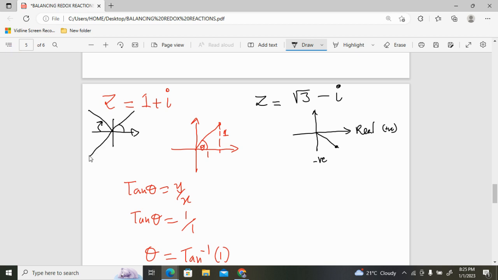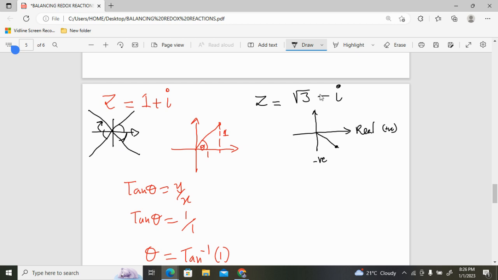If the complex number is here, the angle you find after punching the tan inverse is this one, not that one. The same applies in the other quadrants. In other words, the angle you find when you punch tan inverse is always related to the x-axis.